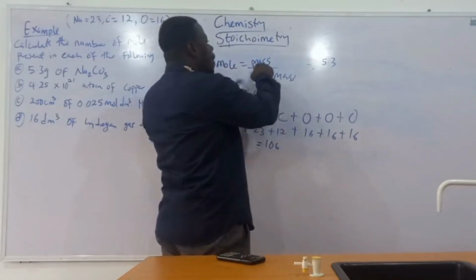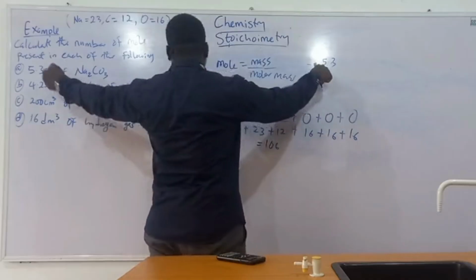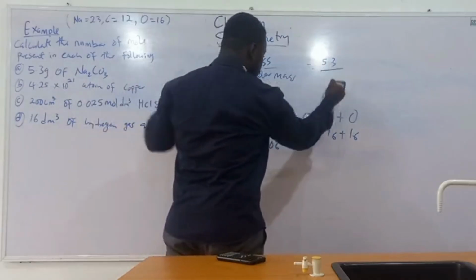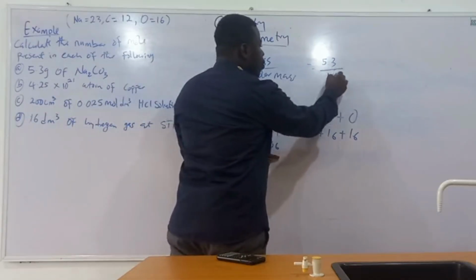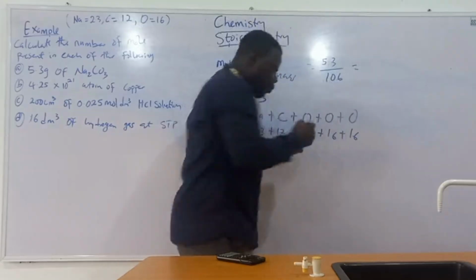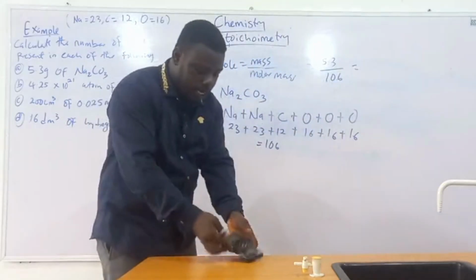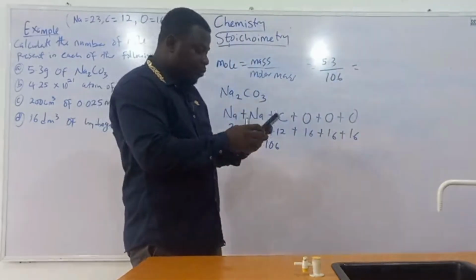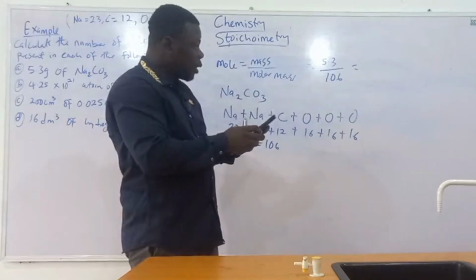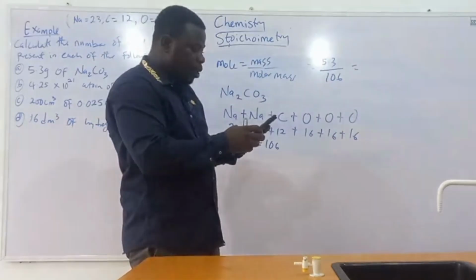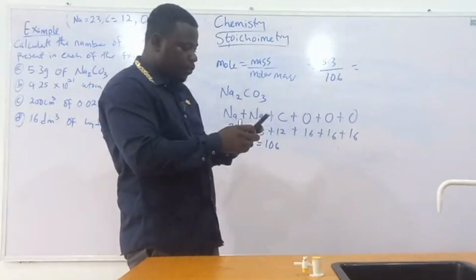So therefore, mass is 5.3 given in the question over the molar mass we just calculated to be 106. So we press this in our calculator. So we say 5.3 divided by 106.